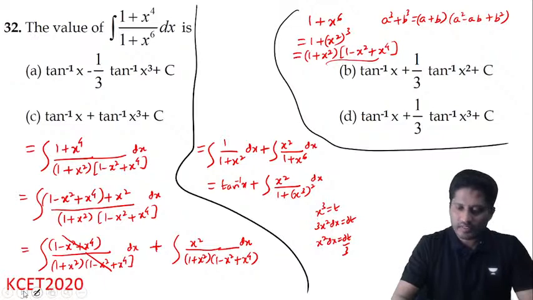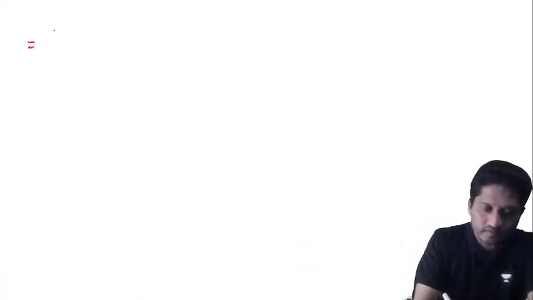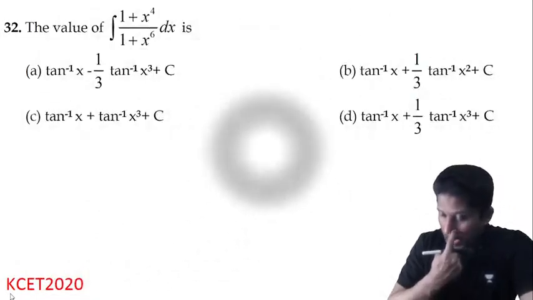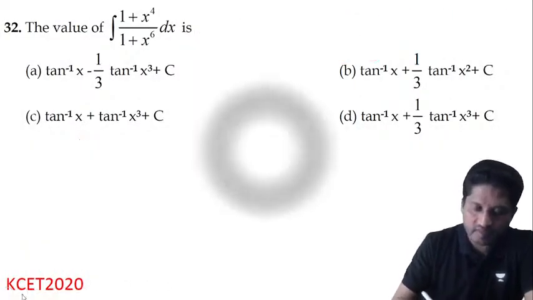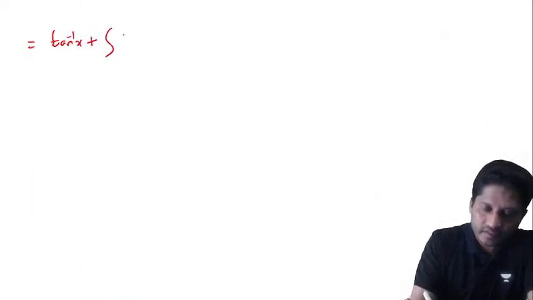Now if I substitute here, this is tan inverse of x plus integration of, x squared dx is dt by 3, and this is 1 plus t square.